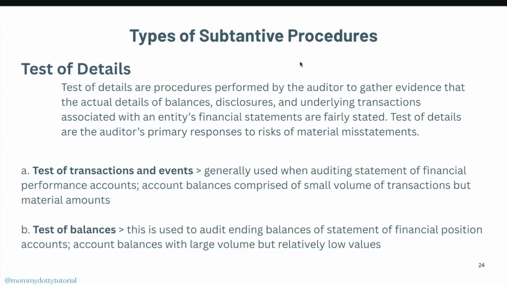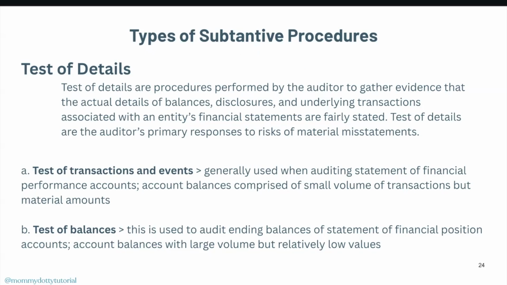So now let's dig deeper into test of details. Tests of details are procedures performed by the auditor to gather evidence that the actual details of balances, disclosures, and underlying transactions associated with an entity's financial statements are fairly stated. So the tests of details are the auditor's primary responses to risks of material misstatement.